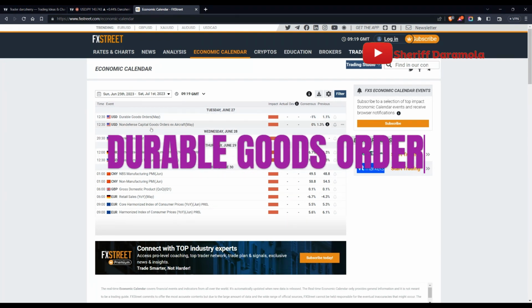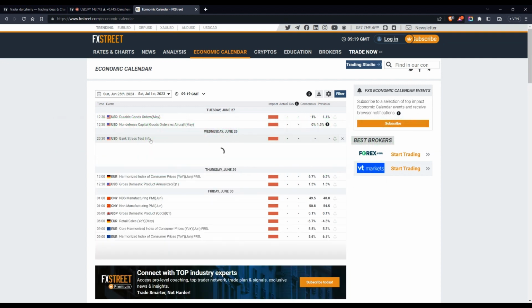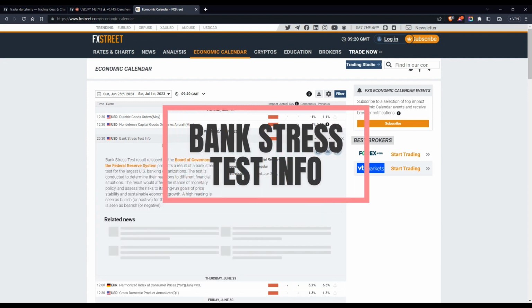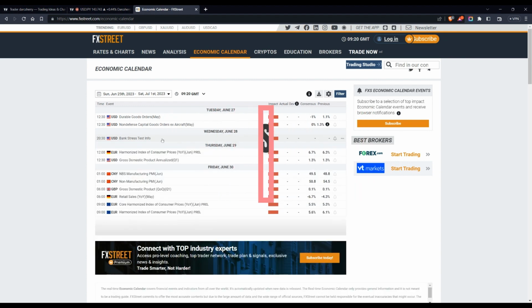We have the non-defense capital goods orders, excluding aircraft, for the month of May as well. Then we're also going to be having the bank stress test info, which is a test conducted to determine the bank's reaction to different financial situations, which is one key event that will be giving us an insight into the health situation of the US banking sector.